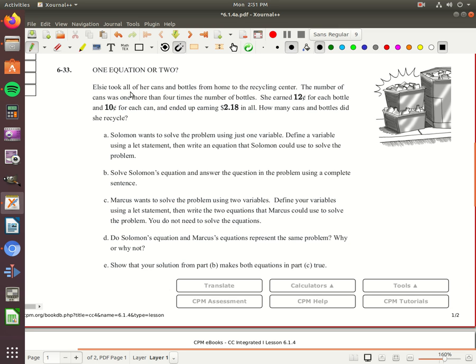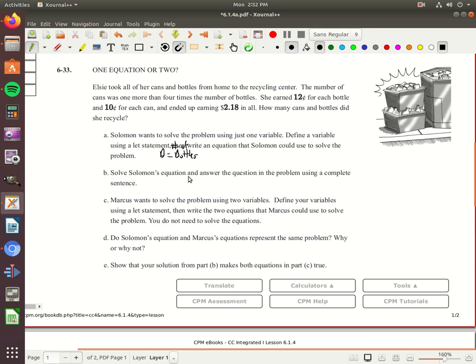Elsie took all her cans and bottles from her home to the recycling center. The number of cans was one more than 4 times the number of bottles. So we'll say B equals the number of bottles, specifically.